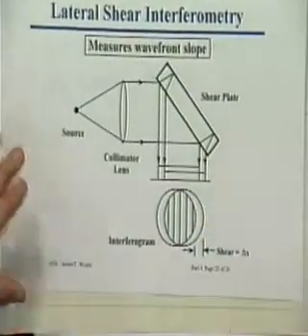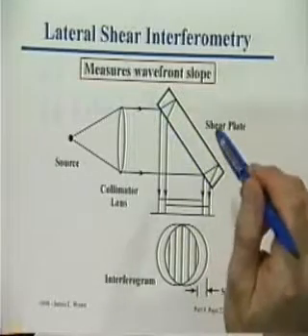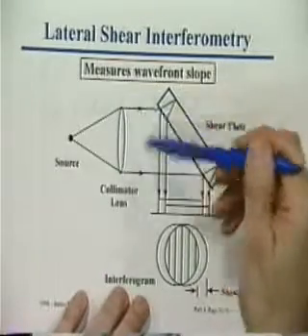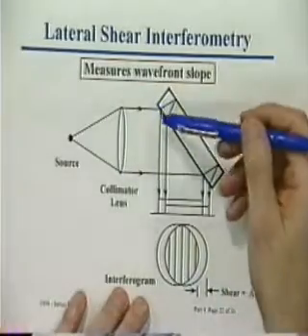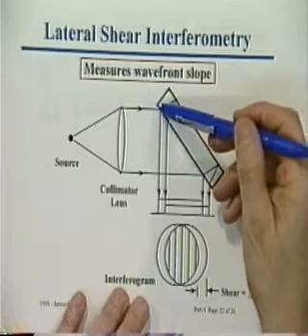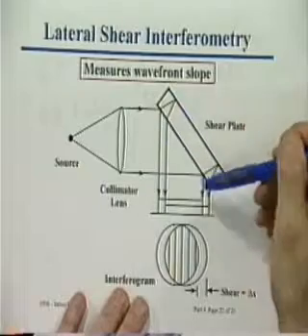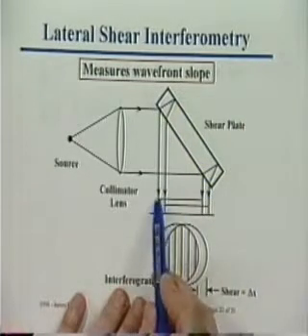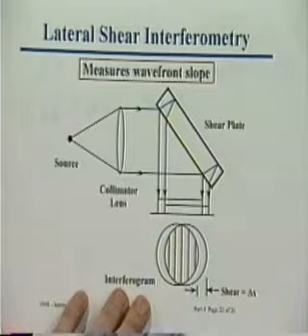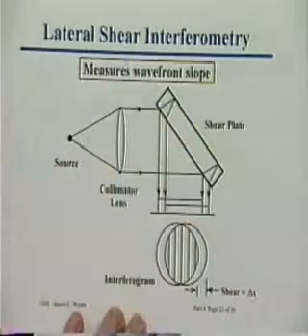Here's one that's very common, and all it is is a plate, but it works nicely for describing what we mean by lateral shear. Here I show a collimated beam coming in. Some of the light is reflected off the front surface of this plate. Some is transmitted through and reflected off a second surface. It comes out, so I have these two beams shifted sideways with respect to each other, i.e. there's a lateral shear between the two beams.